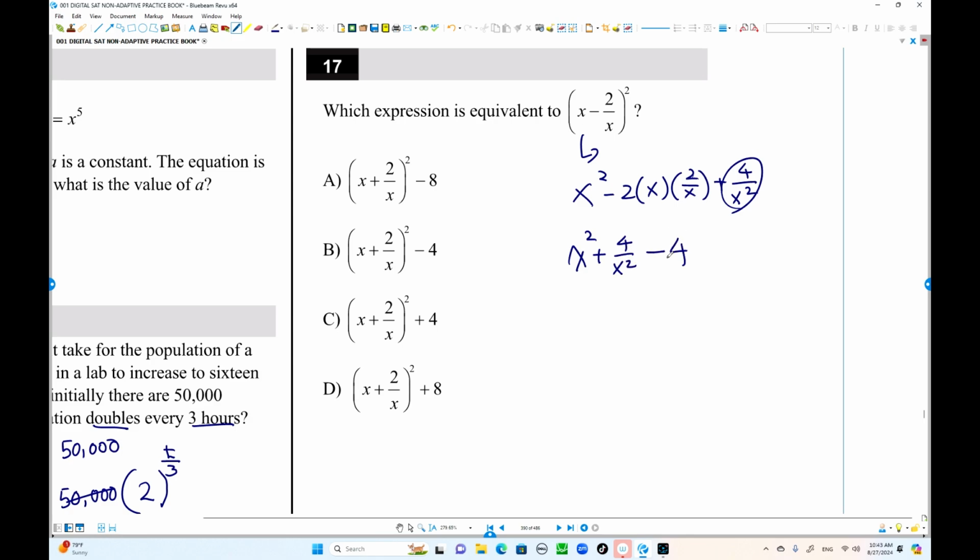Which one is equivalent to this? This one, right? Because this one is what? x squared plus 4 over x squared, and minus 8. You can see that 4 minus 8 equals negative 4, okay? So option A is the answer.